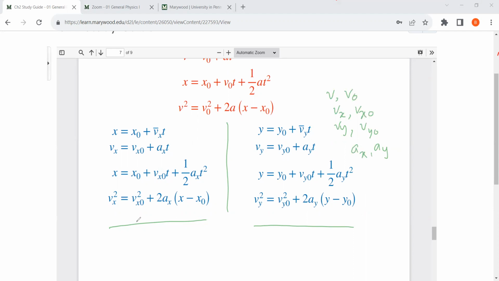One set is for motion along the x-axis and this set is for motion along the y-axis.